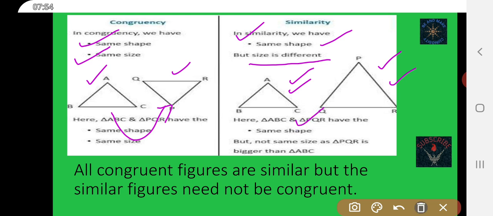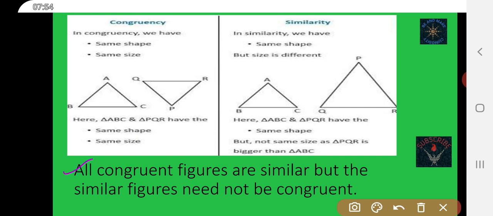So remember this: all congruent figures are similar, but similar figures need not be congruent.